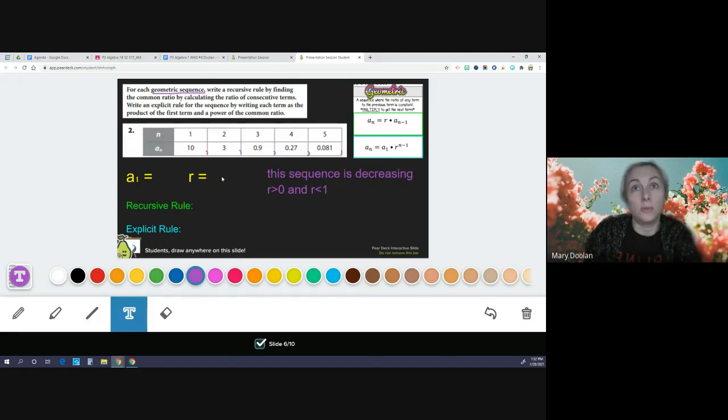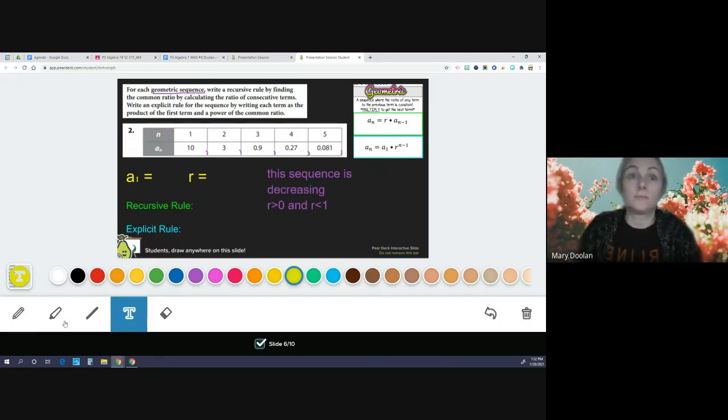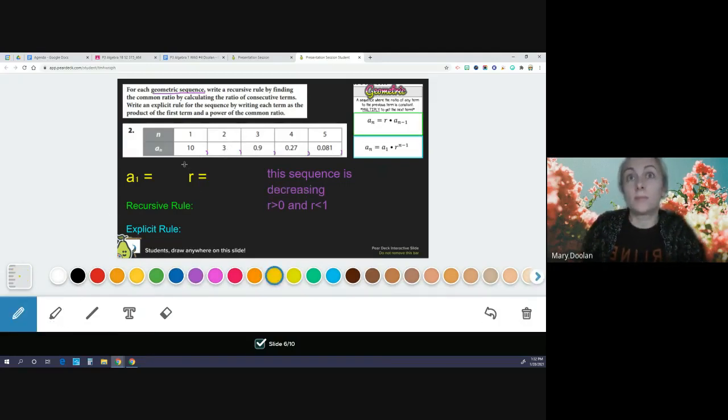And you just get the common ratio. You pick any two terms. Since I know it's already geometric, I'm going to pick the easiest two, which is the first two. I'm going to take these two terms and set up my ratio: 3/10. That's the same as 0.3.